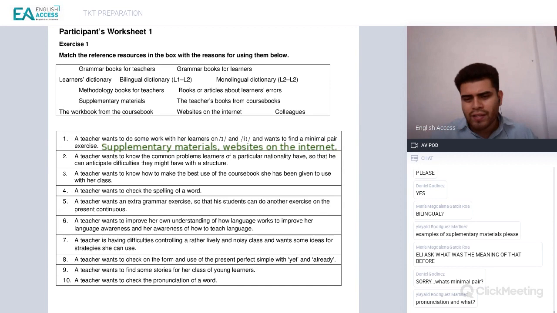Like if we're going to work on pronunciation today, then we can bring a pronunciation book. If we're going to learn colors, then we can bring a coloring book. Anything that supplements the lesson.